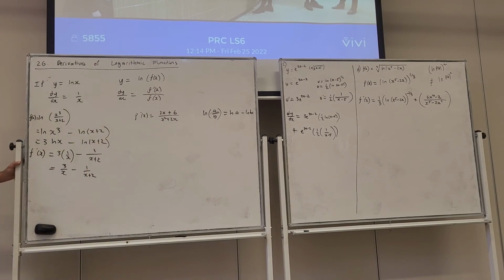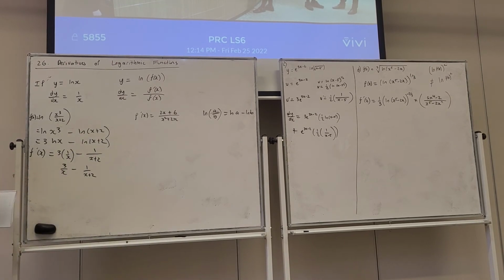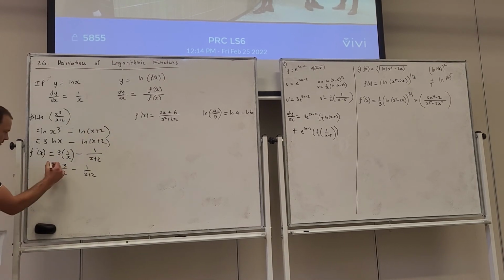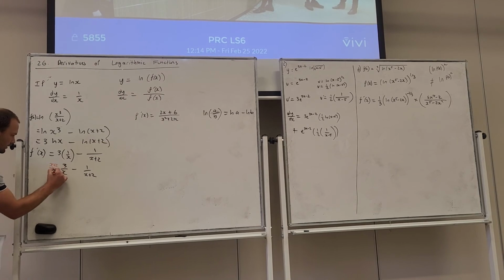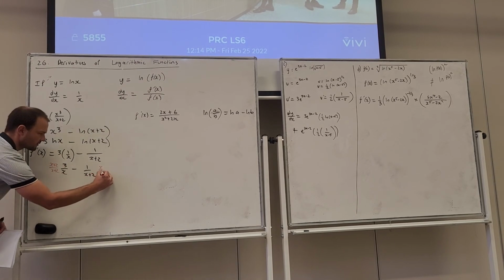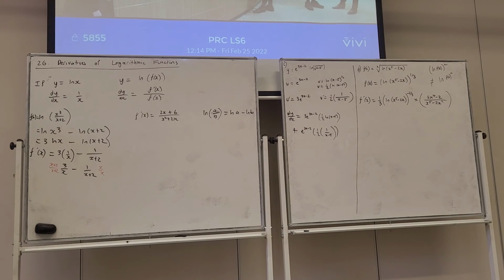In order to perform this fraction operation, they need to have the same denominator, which means I need to cross multiply. So I'm going to multiply this term by x plus 2 on x plus 2, and I'm going to multiply this term by x on x. We're not changing their value, we're multiplying it by 1.